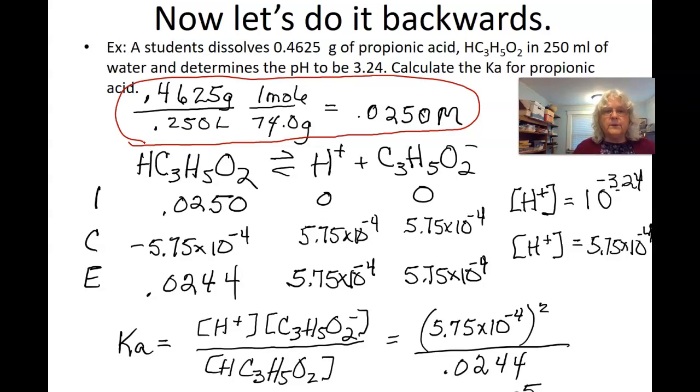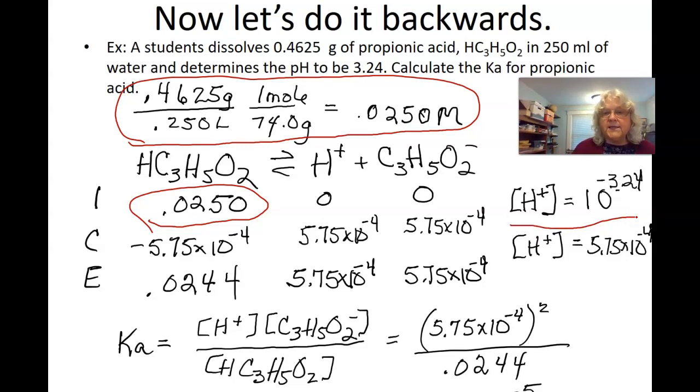Then I wrote my equilibrium reaction, and I used my starting concentration as the concentration of the propionic acid. Zeros for the other two. Now what's really different is that instead of letting X equal the change in the hydrogen ion, I calculated it based on the pH.